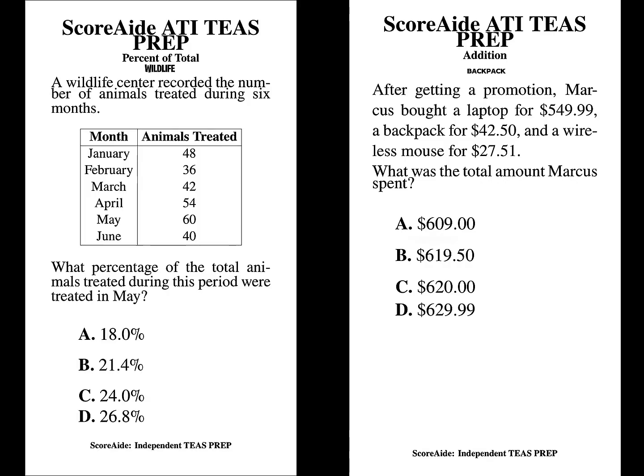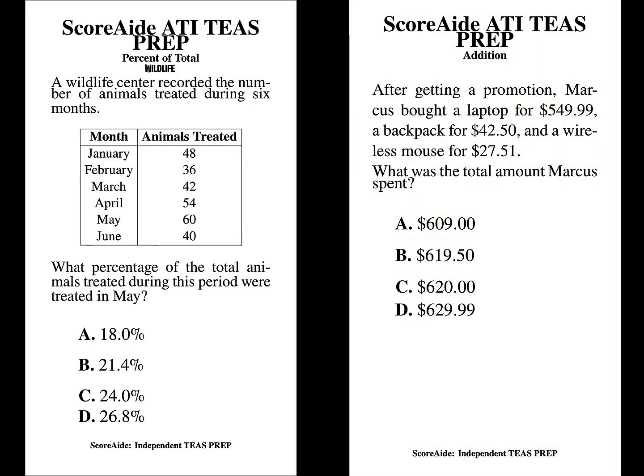After getting a promotion, Marcus bought a laptop for $549.99, a backpack for $42.50, and a wireless mouse for $27.51. What was the total amount Marcus spent? These are those kind of questions they just want to give you to wind down time. So you just gotta use your calculator and sum it all up.